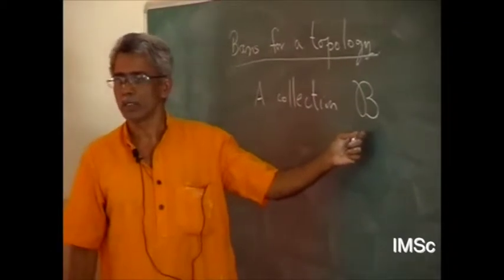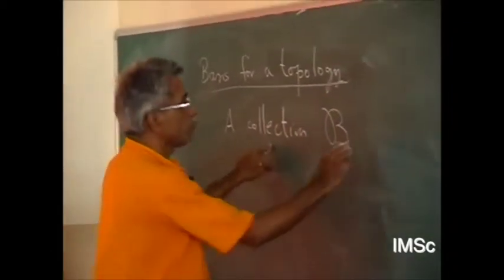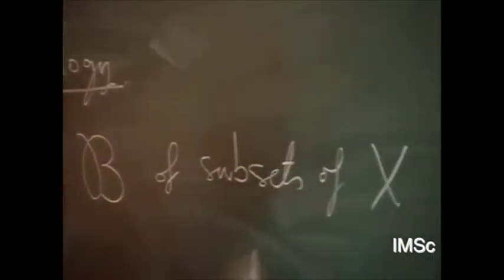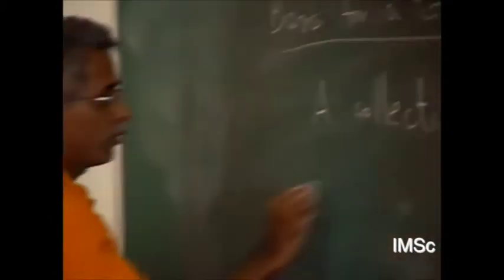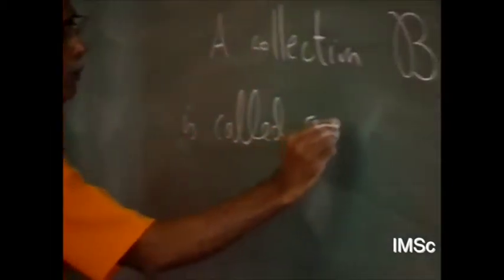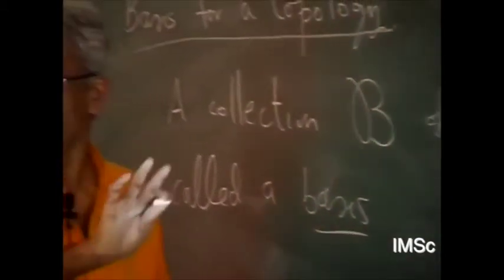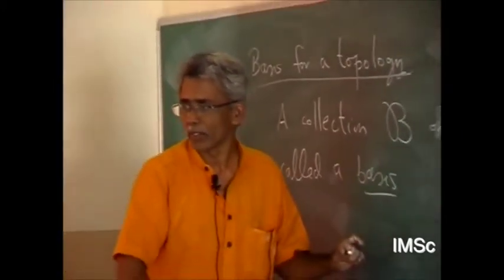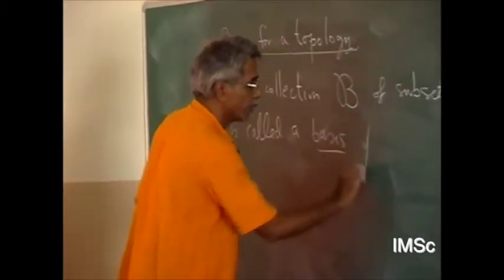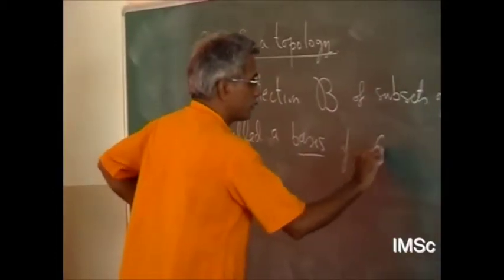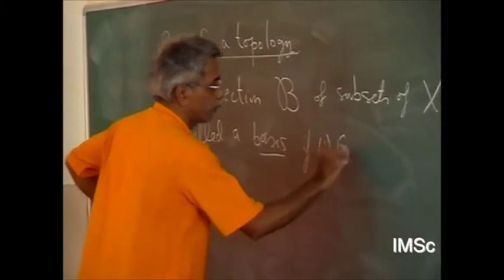Call it a collection B of subsets of X is called a basis for a topology in X, but we don't bring in the word topology at all here at the moment. Just say basis if two conditions are satisfied.